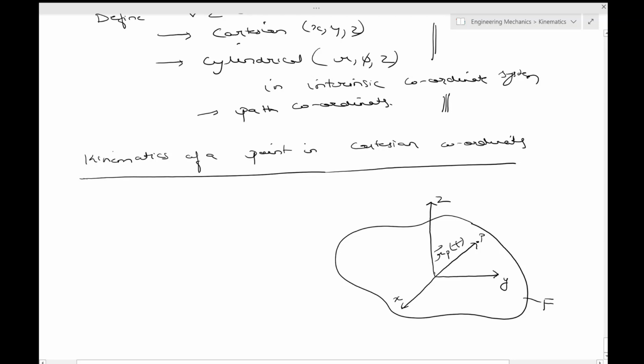Based on this diagram, the position vector r is equal to the x coordinate with respect to time. At the given time, let me just see if I can draw it.